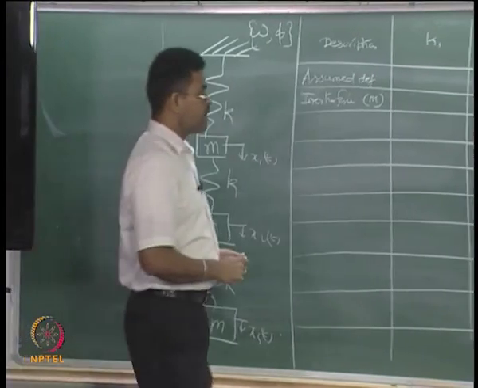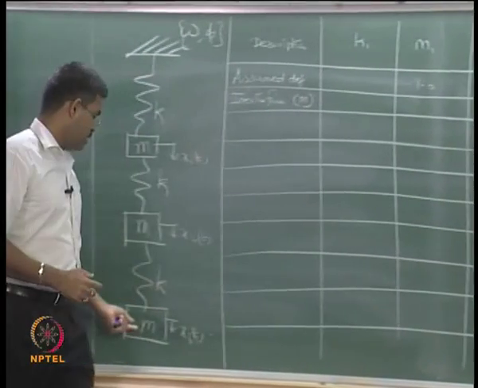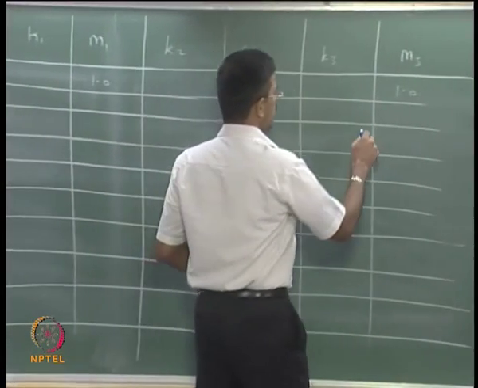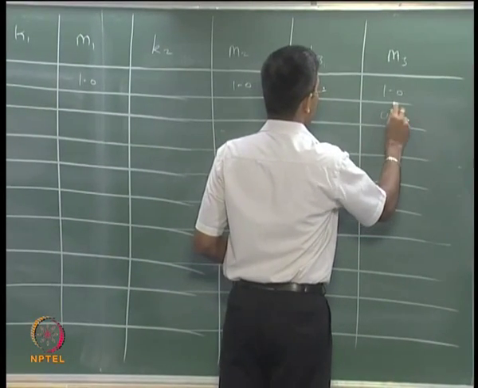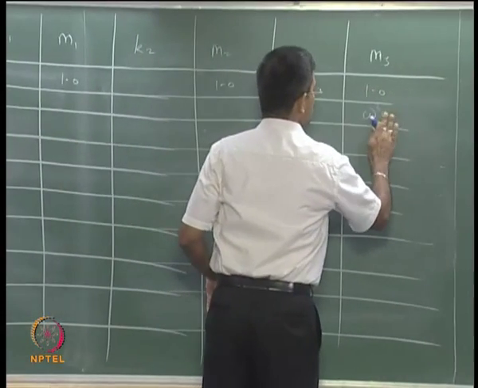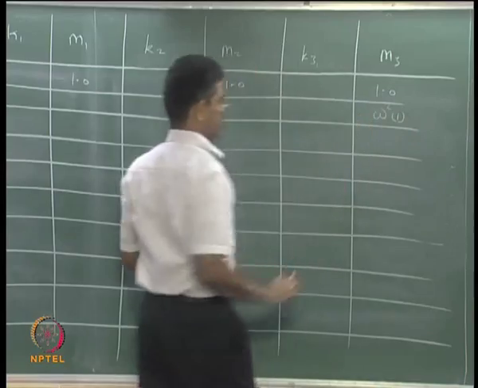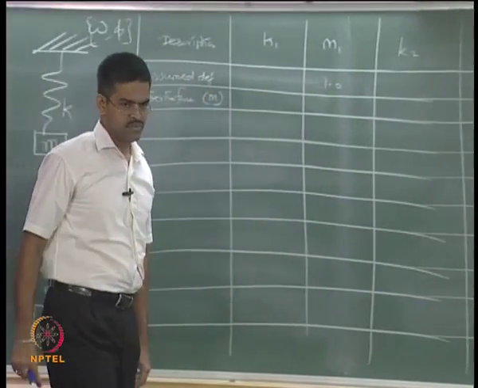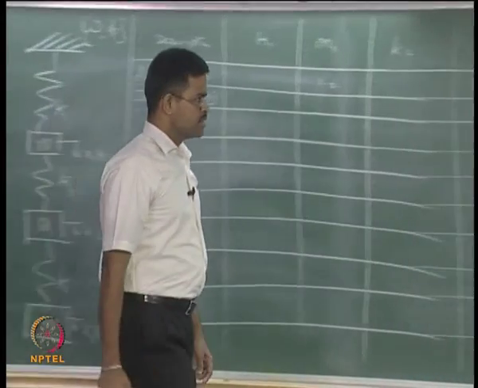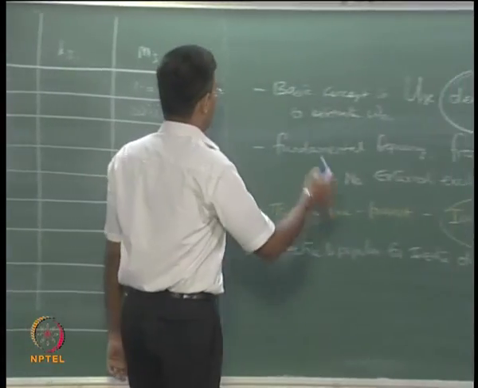So I should start from the third degree of freedom. I should say omega square, 1 because m is 1. Why am I writing omega square? It is very simple, we remember that, still let us write.